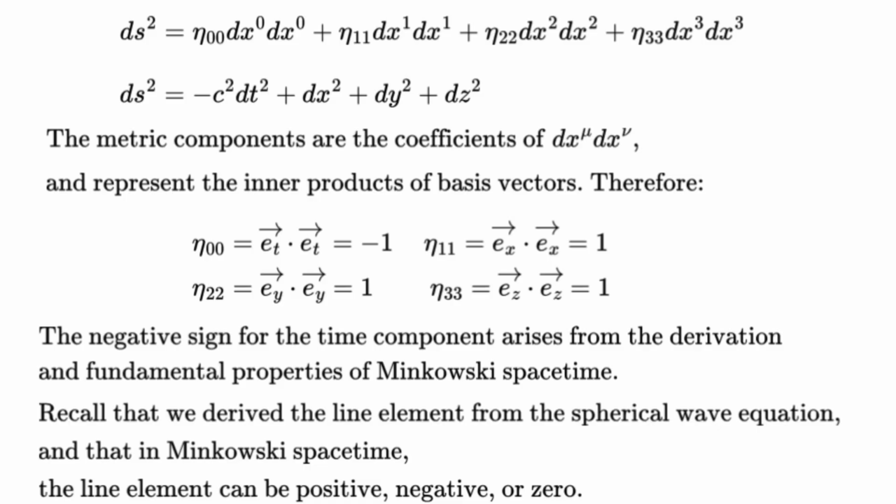Therefore, the negative sign for the time component arises from the derivation and fundamental properties of Minkowski spacetime. Recall that we derived the line element from the spherical wave equation, and that in Minkowski spacetime, the line element can be positive, negative, or zero.